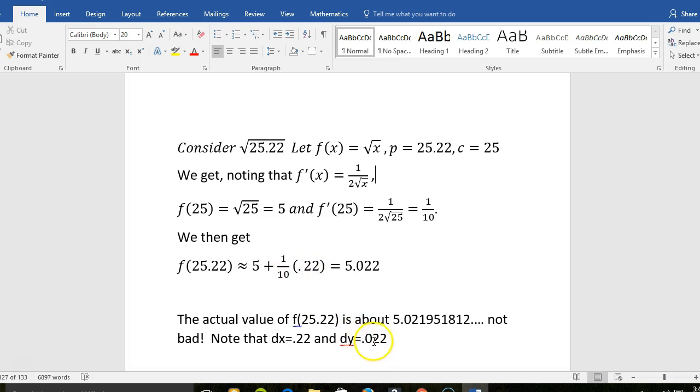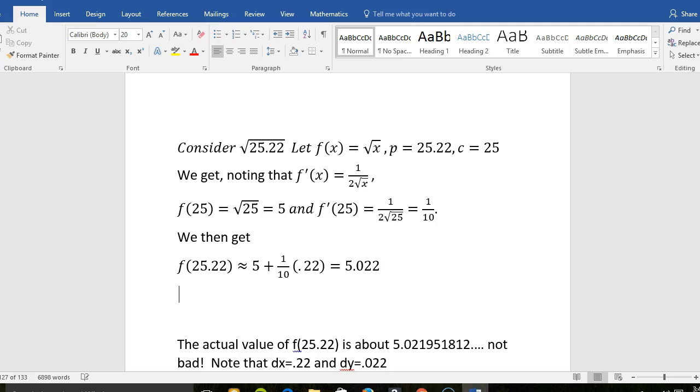Add that to 5, and you get your tangent line approximation, which is 5.022. Your professor, if they want the differentials, dy will naturally be 0.022, and dx will be 0.22.